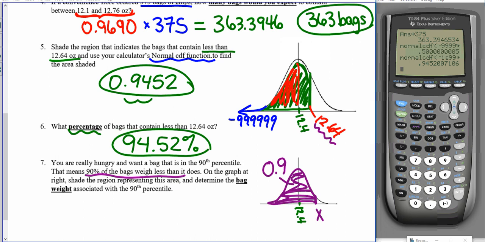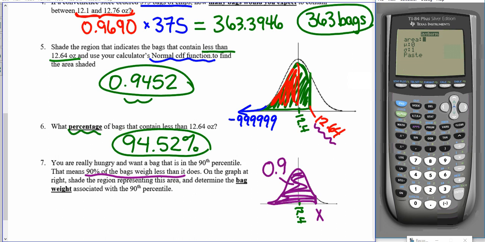So in my calculator, in the same way I got second distribution, where my normal CDF was, if I go down one more, that's the inverse normal. So normally we put in the values that were down here on the x-axis, the lower and the upper, and it told us the area, but we're going to do the opposite. We're going to input the area, and we want it to tell us what the x value is. So that's an inverse.